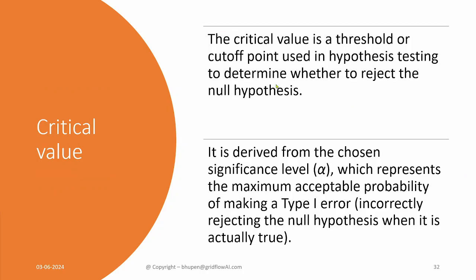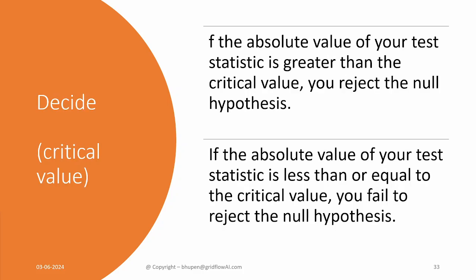The critical value is a threshold or cutoff used in hypothesis testing to reject or accept the hypothesis. Beyond the critical value, you're going to reject, and within the critical value or lesser than that, you're going to accept, or rather fail to reject.